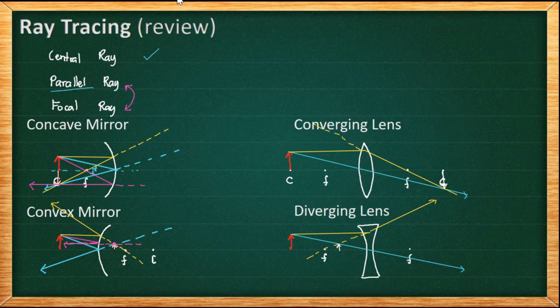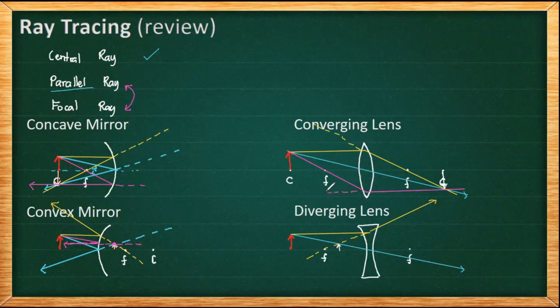Okay, we proceed. For the converging lens, a focal ray would pass through this focal point here. After passing through the focal point, it will be refracted parallel. It doesn't look so parallel because again, this is not drawn to scale, but that should be parallel to the x-axis.